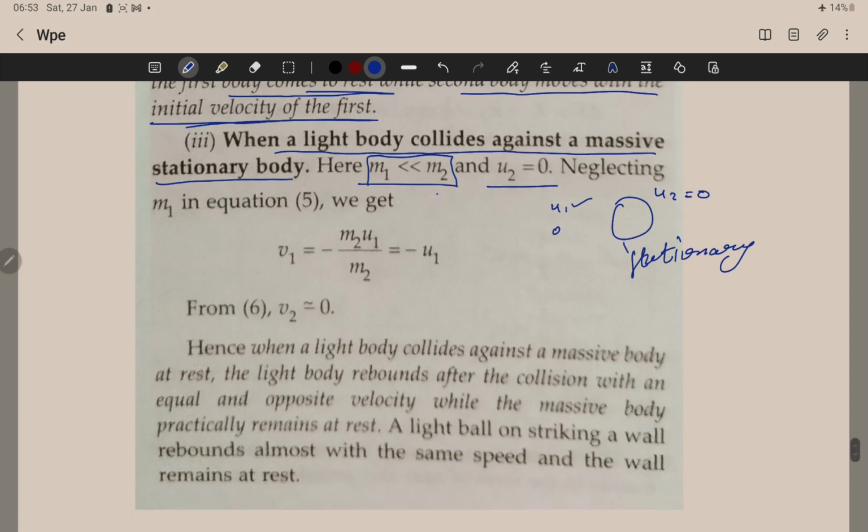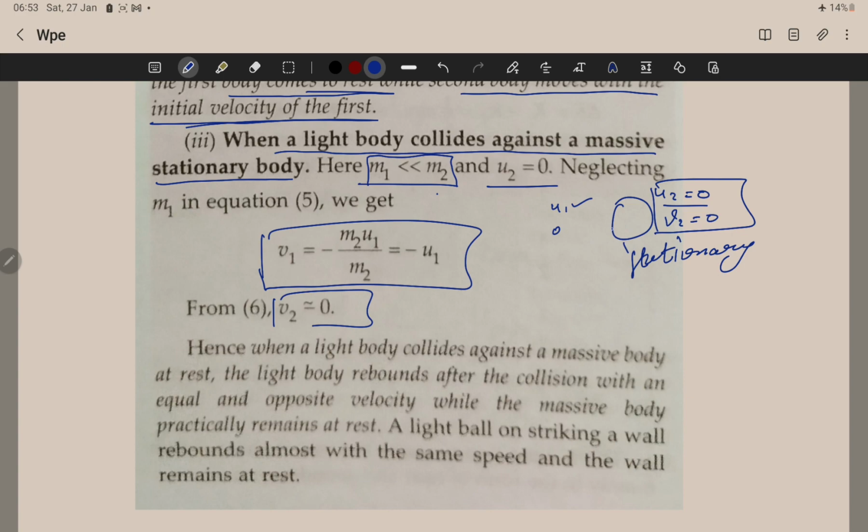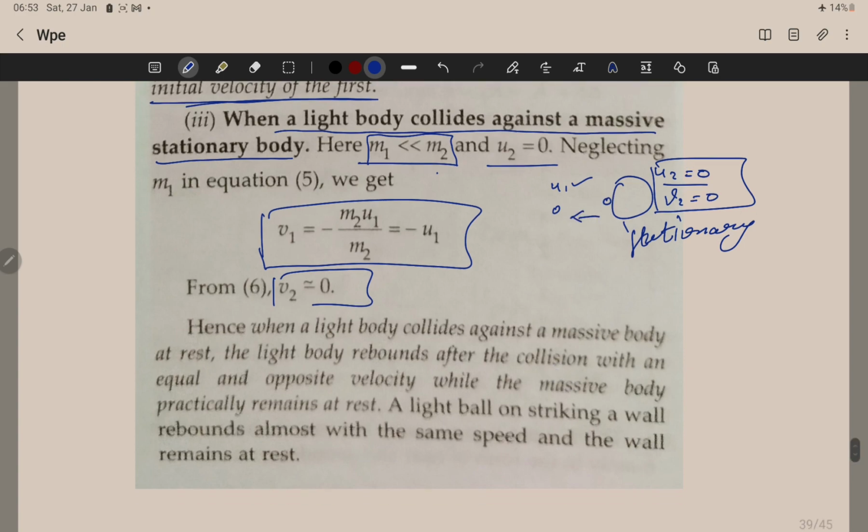If we put these values in the equations, we get v1 is minus u1 and v2 remains 0, because this is a very large body. After collision, the light body starts moving in the backward direction with the same speed. So v1 becomes negative of u1.